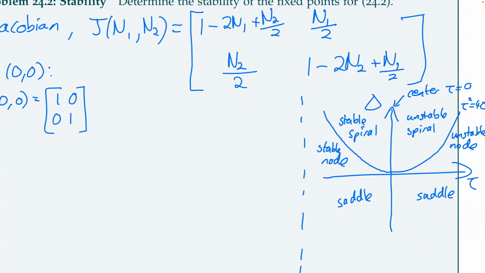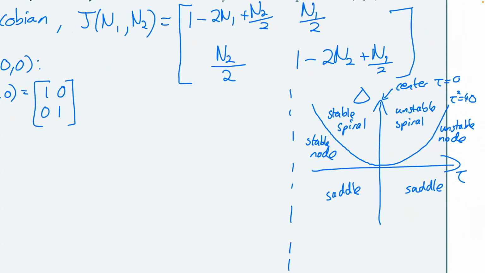That puts me on the right-hand side of this diagram, which is just a sketch of the diagram I've shared with you previously. So we'd have a positive trace and our determinant would also be positive. We could look at the trace squared minus 4 times the determinant to work out whether we have an unstable spiral or an unstable node.